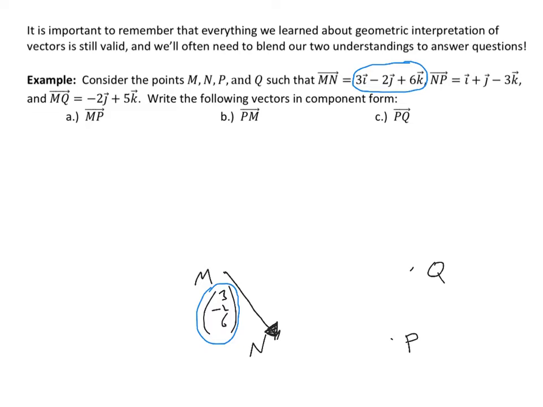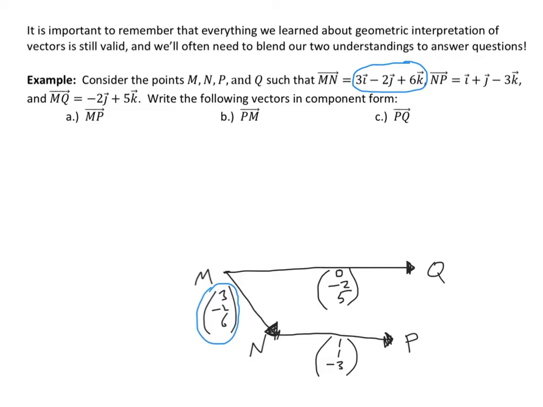Then we were told that NP, so N over to P, is the vector 1, 1, -3. And then finally, we were told that MQ, so from this one over to this one, is interesting. It has a j and a k, but not an i, so we would put 0, -2, 5. Now we've got vectors for these things.